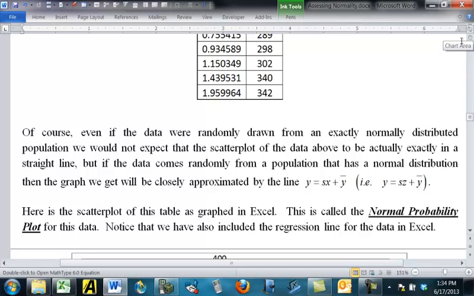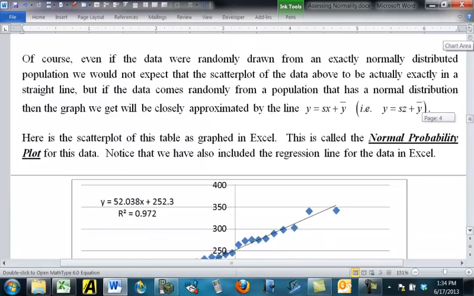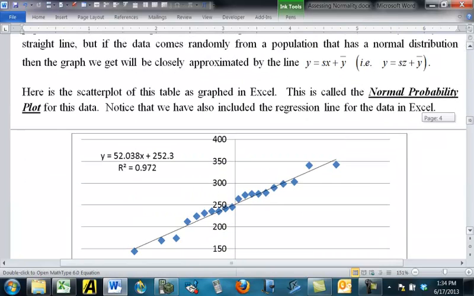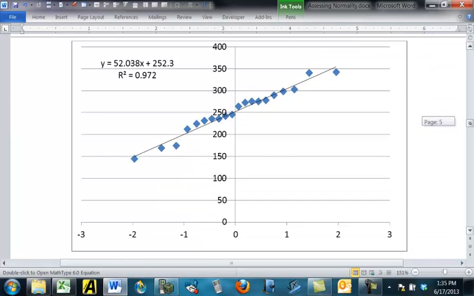So I just used Excel to do the normal probability plot by just doing a scatter plot. And I get these dots here. And I clicked on this and added a regression line, which is called a trend line in Excel. And I came up with this equation. And notice that the y-intercept, 252.3, really is exactly the mean of that data set.